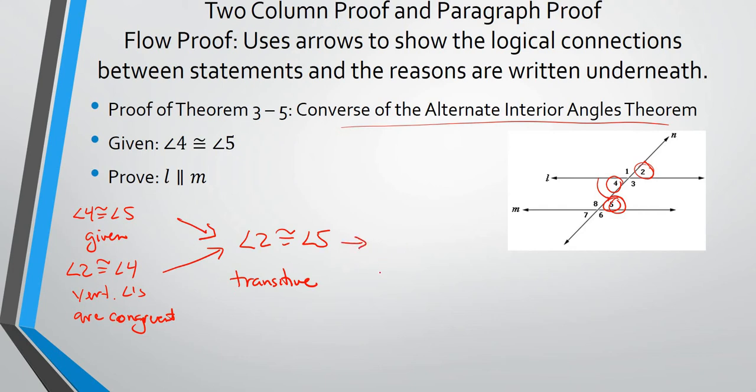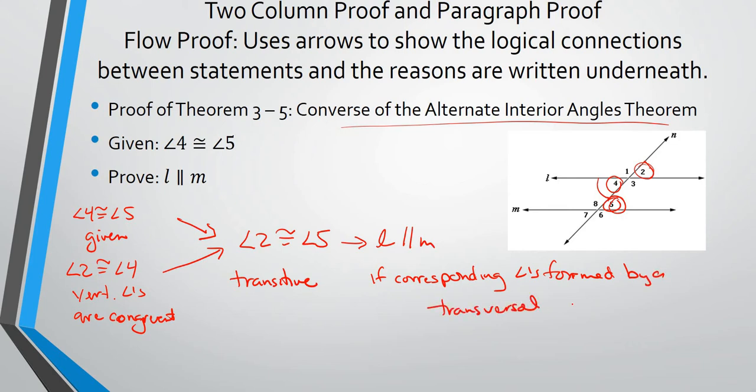By the corresponding angles theorem, which was a theorem proven prior to this one, I can say that L is parallel to M because if corresponding angles formed by a transversal are congruent, then the lines are parallel.